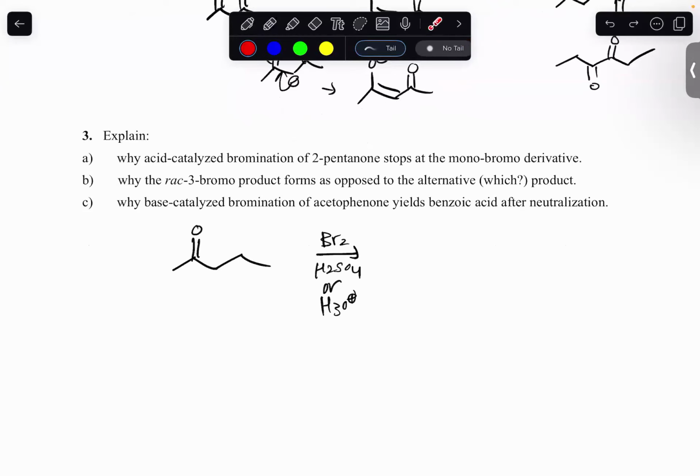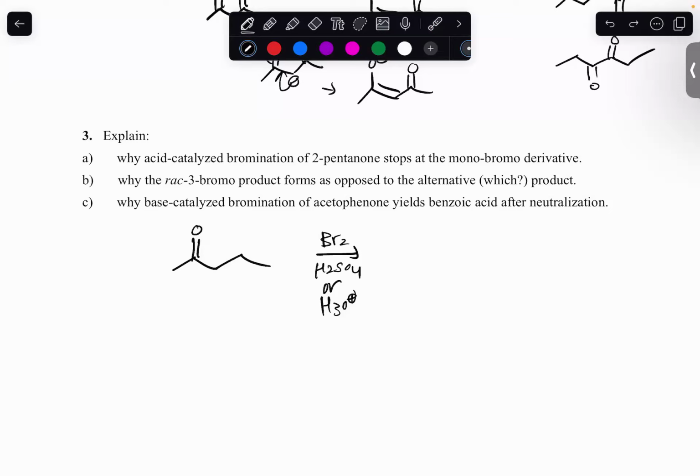Okay. Let me check the mechanism of this. Isn't it the oxygen attacks one of the H from the acid and then it forms the enol form?